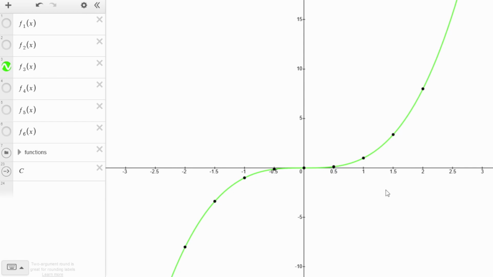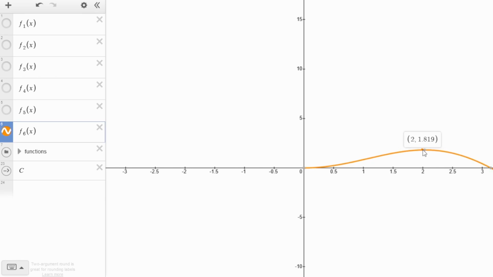So, when we have an odd function, if you only know half of the function, like this, you could predict the other half. You know that what is here at 2 seems to be 1.819, then at minus 2, it must be minus 1.819, and so on.